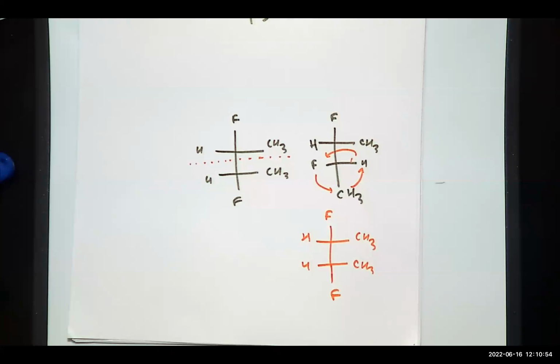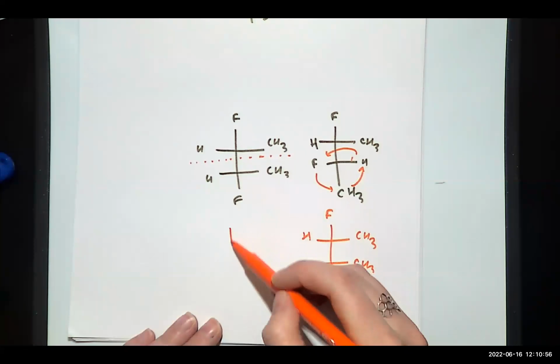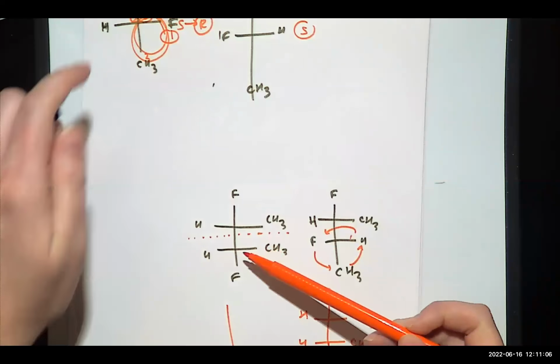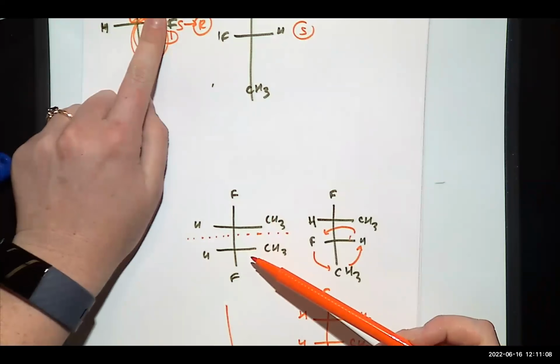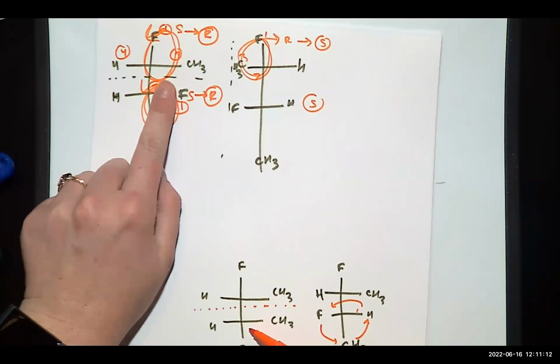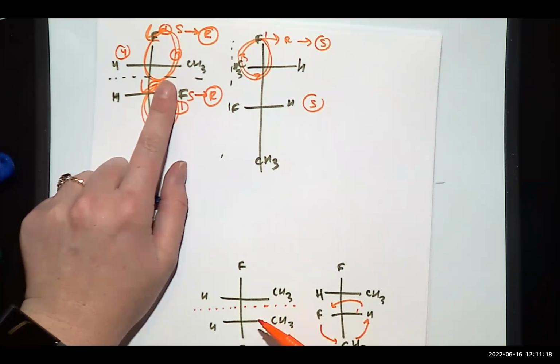Okay, so what is the relationship between these? Identical. And what would you call this compound? Meso compound. That's right. What's the relationship between this one and this one? I heard some people say it.